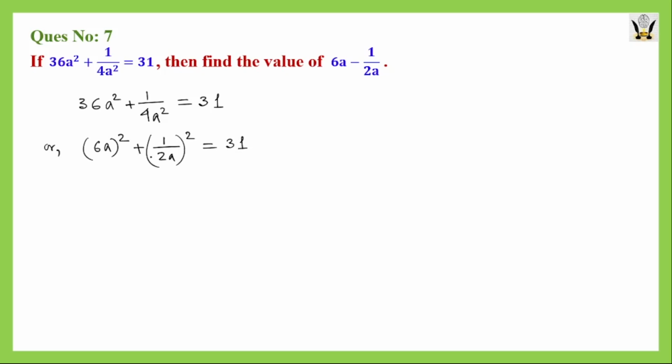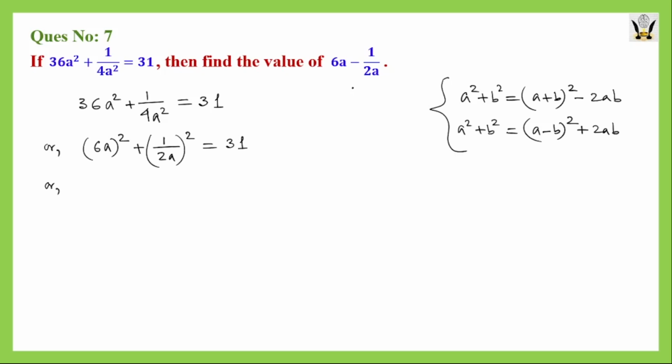Now here it is a square plus b square, but since finally we need to find the value of 6a minus 1 by 2a, which is in the form of a minus b, this time we will be using the second identity. So it will be 6a minus 1 by 2a whole square, plus 2ab, where a means 6a and b means 1 by 2a, and that is equal to 31.